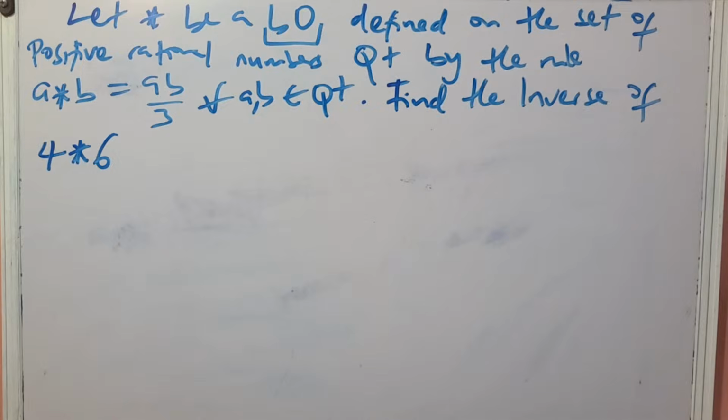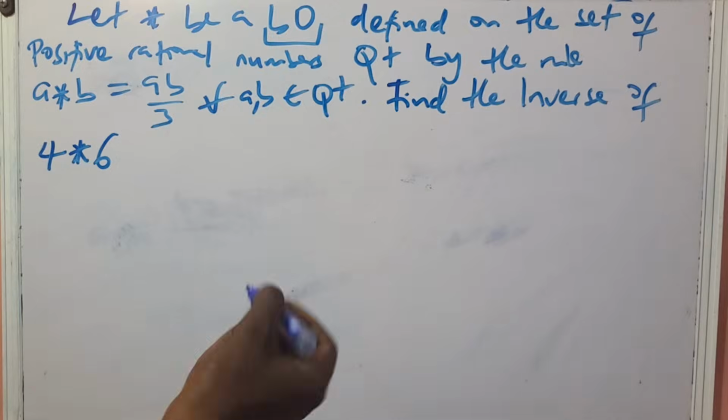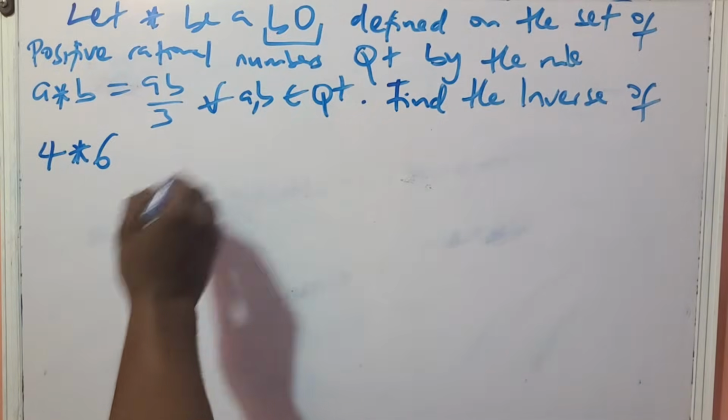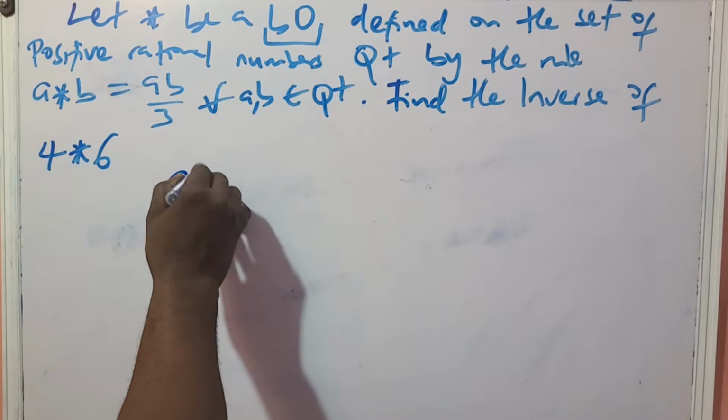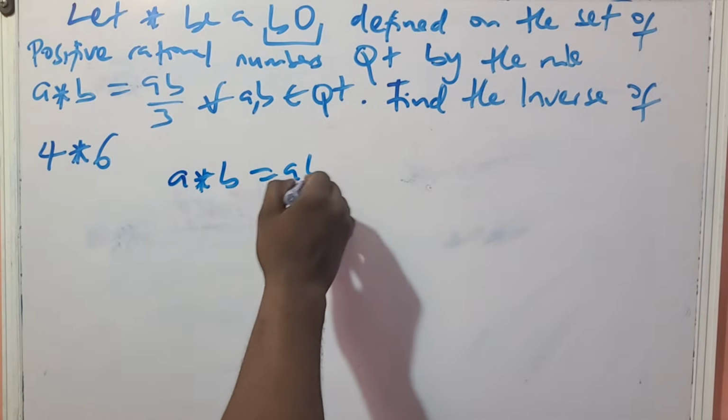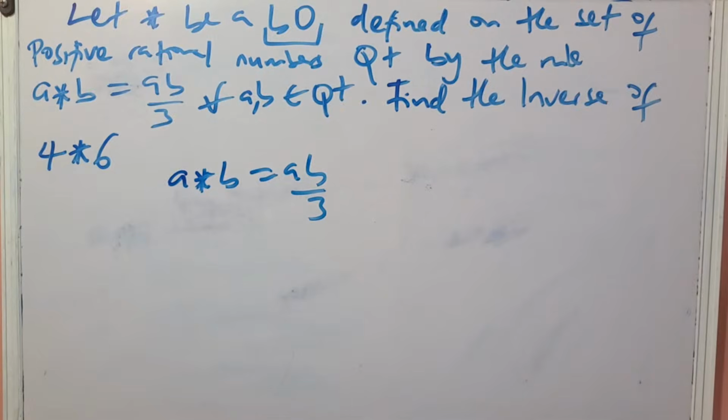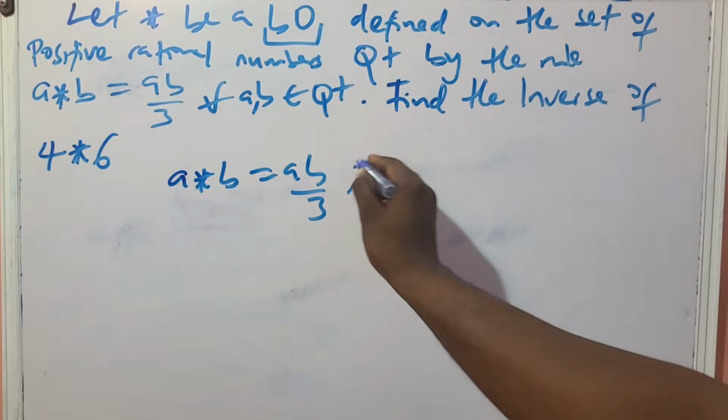I'm sure one of the things you did was to find what 4 star 6 was. Generally, when we are dealing with binary operation, whatever your binary operation is defined on is the most important.